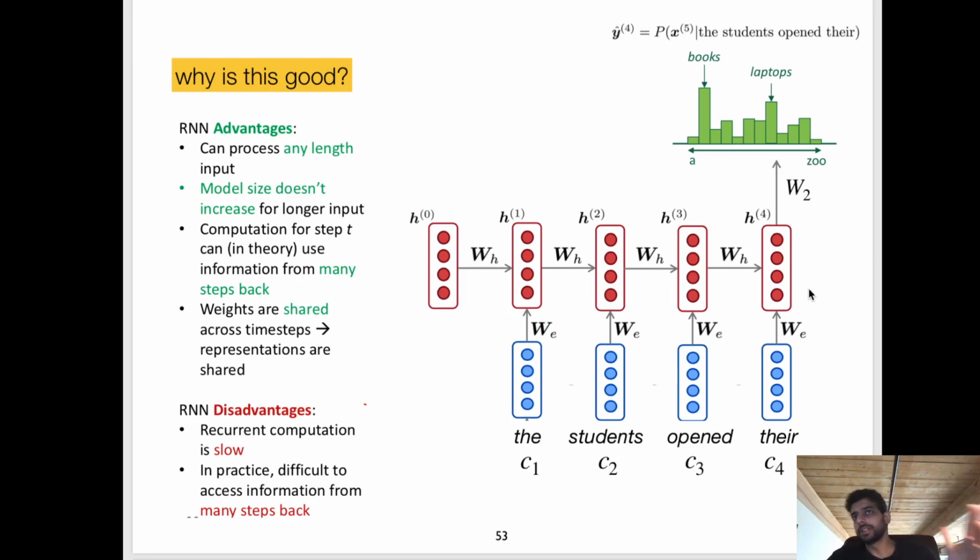Additionally, like we've talked at length about the theoretical ability of this model to handle long prefixes, but in practice, it really only encodes information about a small number of words that occurred immediately previous to the word you're trying to predict. So recurrent neural networks have a hard time, at least in the language modeling case, looking beyond, say, 20 to 30 words.